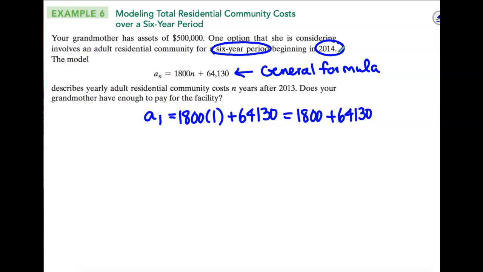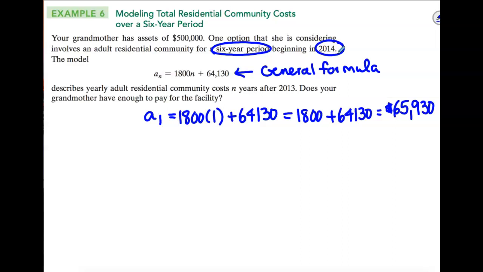The cost of that first year to her is $65,930.